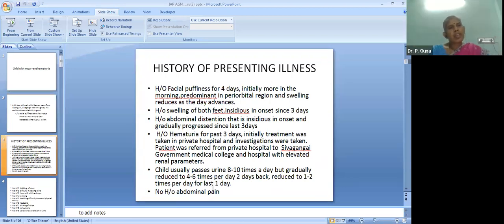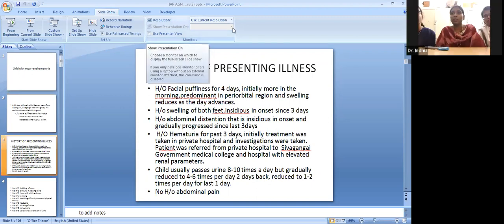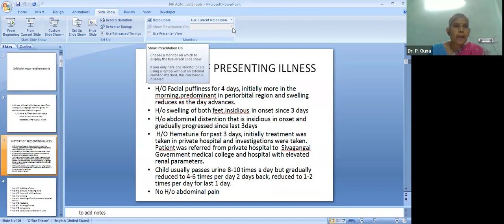Okay, what is a normal urine output for pediatrics? How will you calculate normal urine output? Normally it will be 1 to 4 ml per kg per hour. What is oliguria? What is polyuria? Can you define?